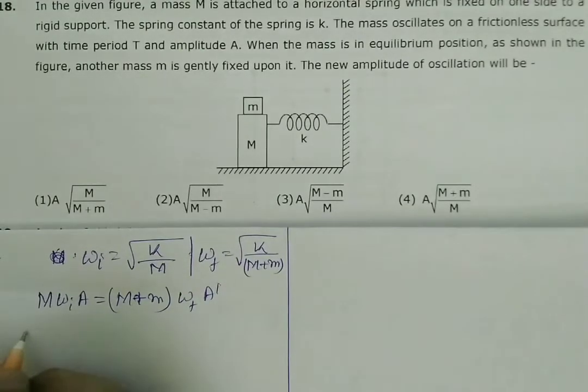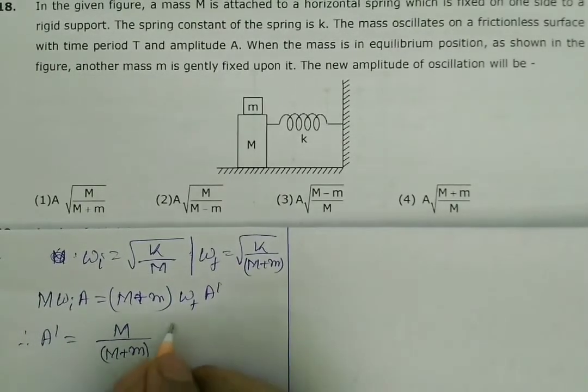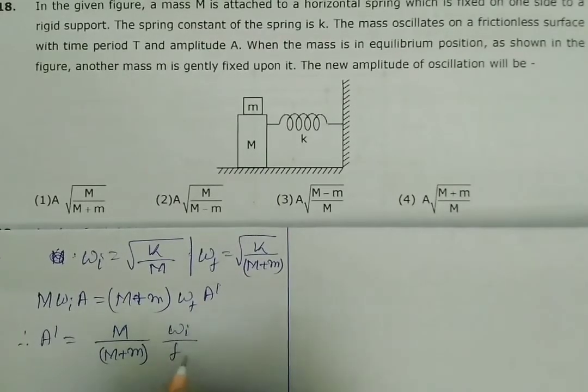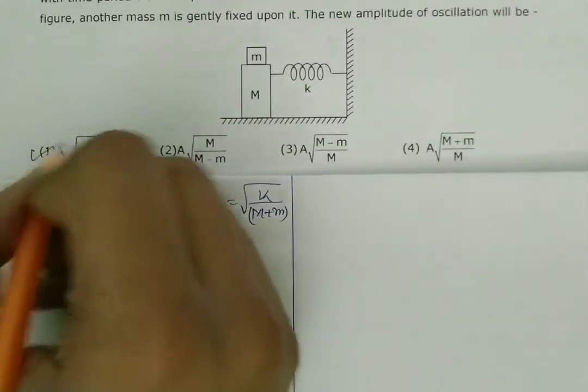So A dash will be equal to M by M plus m into omega initial by omega final. From this we can directly say this will be A into root over of M by M plus m. So option A is the correct answer.